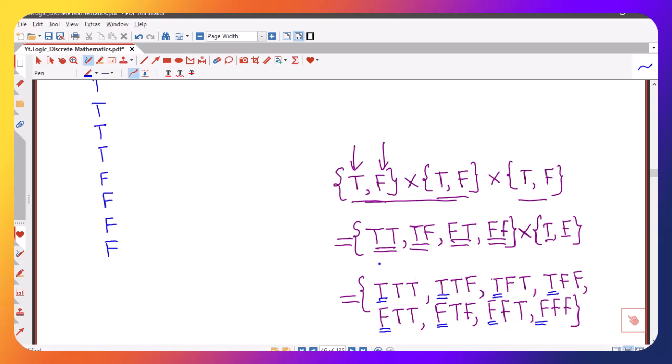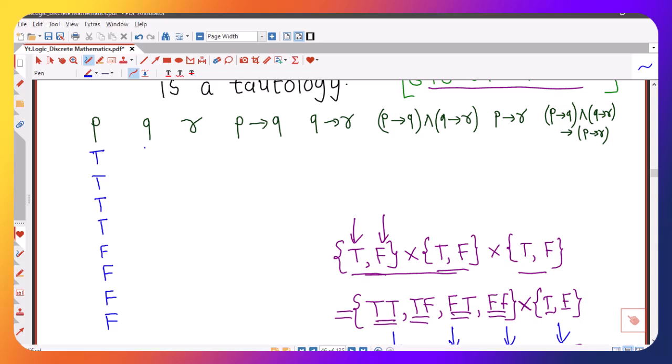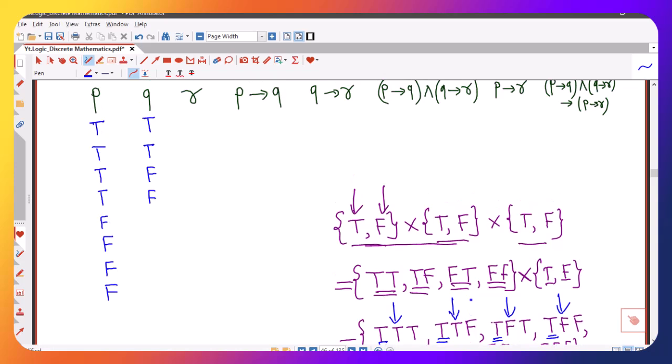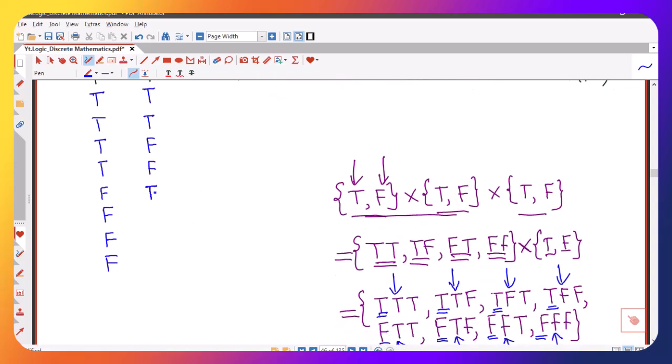Similarly for Q we look at the second position, so we can see TT, then FF. So for the first 4 we have TT, then FF as the possible combinations of Q. After that, again I have TT and FF. So the second positions are for Q, so here I write TT and then FF.